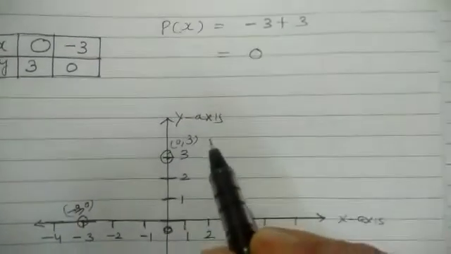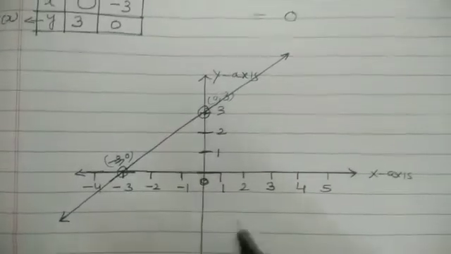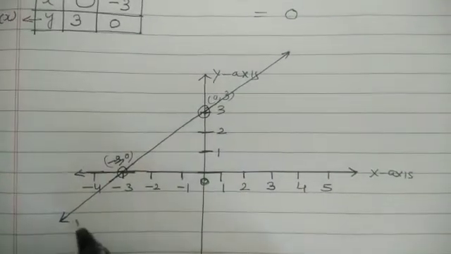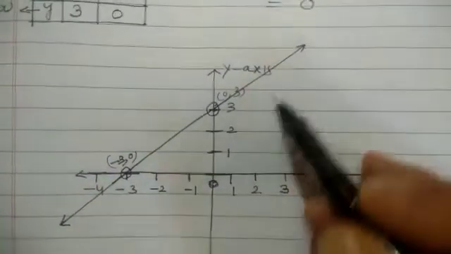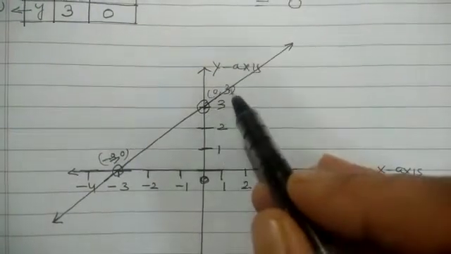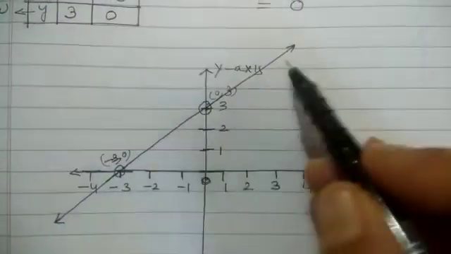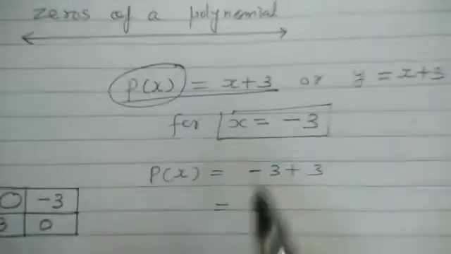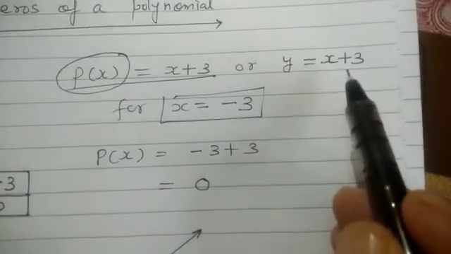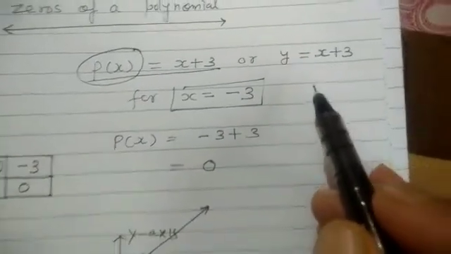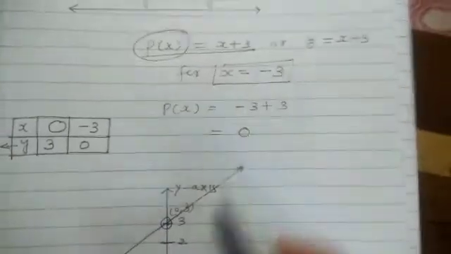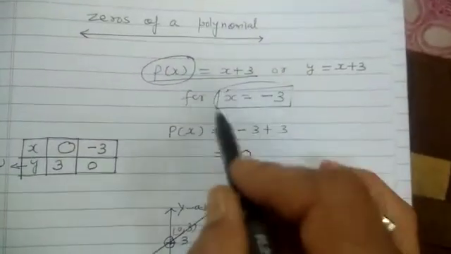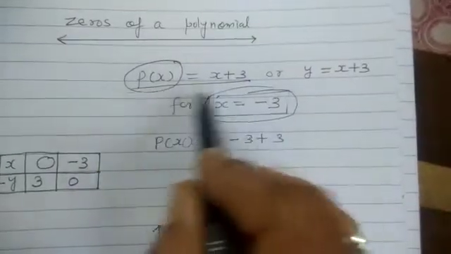Now if I draw the graph for this, the graph will be like this. We have joined these 2 points 0, 3 and minus 3, 0. So this is the graph for this linear equation. Now what I want to say, minus 3 is the 0 of this polynomial.